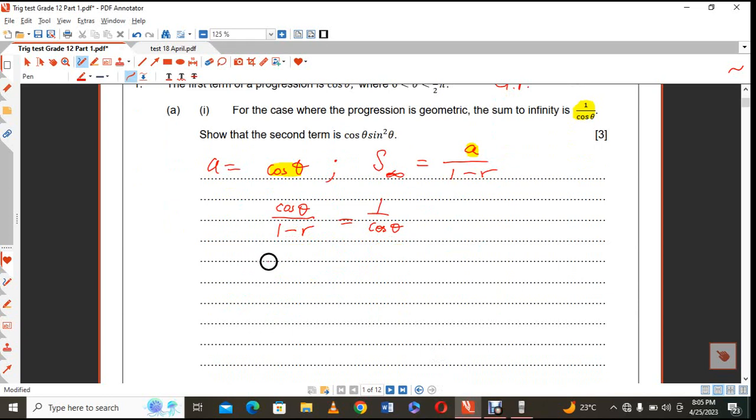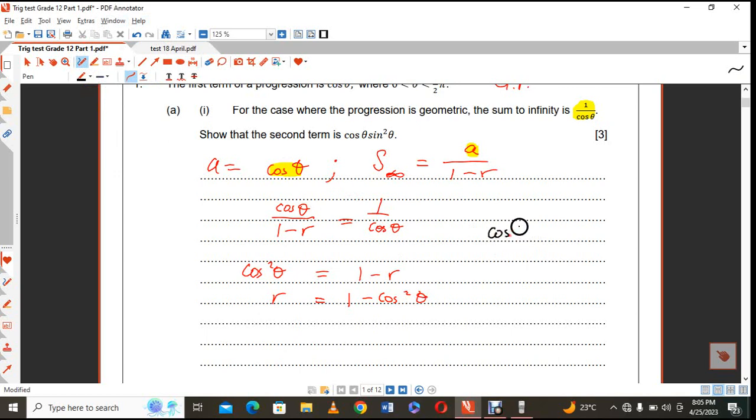So cos theta times cos theta gives you cos square theta, and then you have 1 minus r. We are looking to make r the subject, so r equals 1 minus cos square theta.